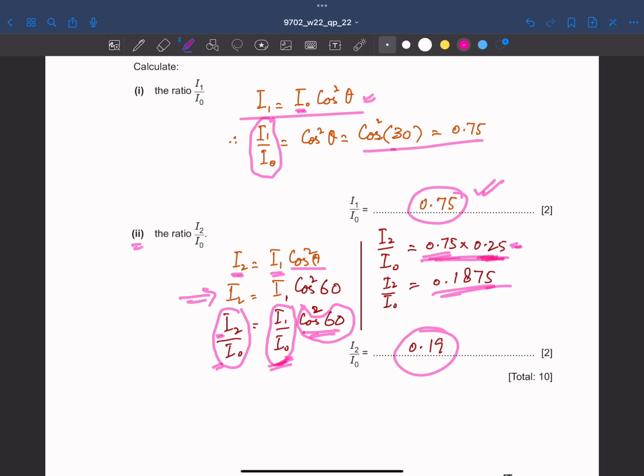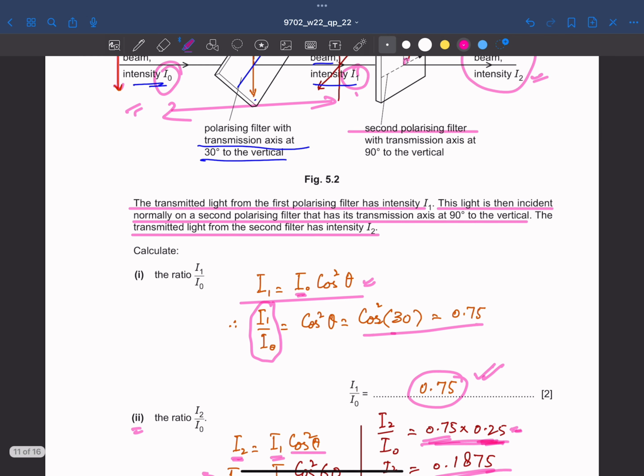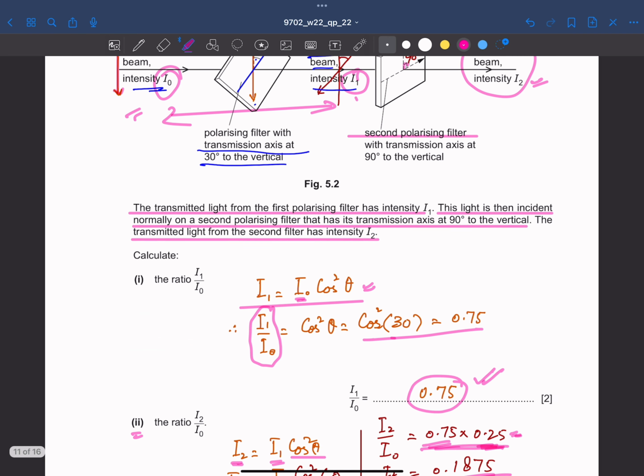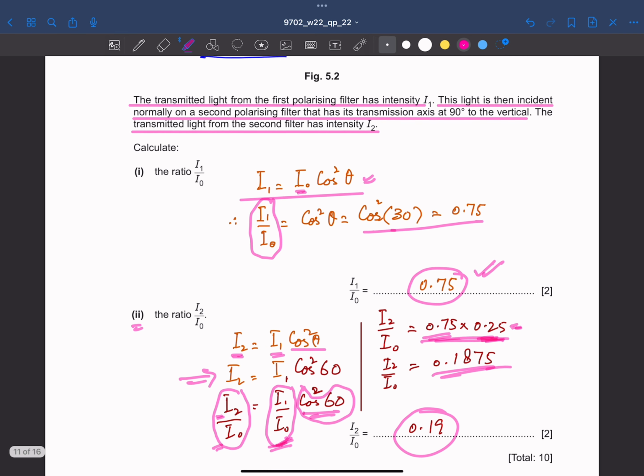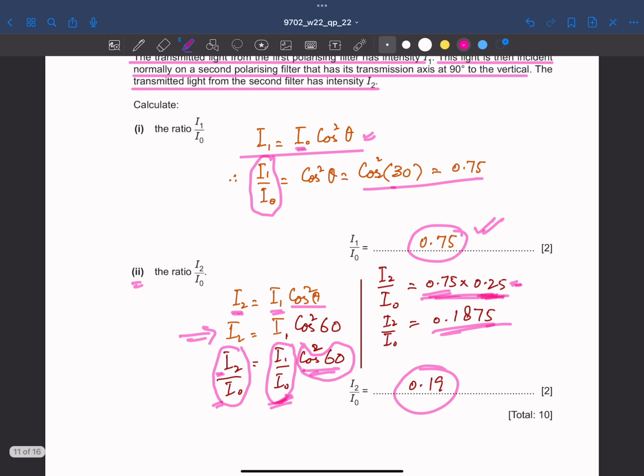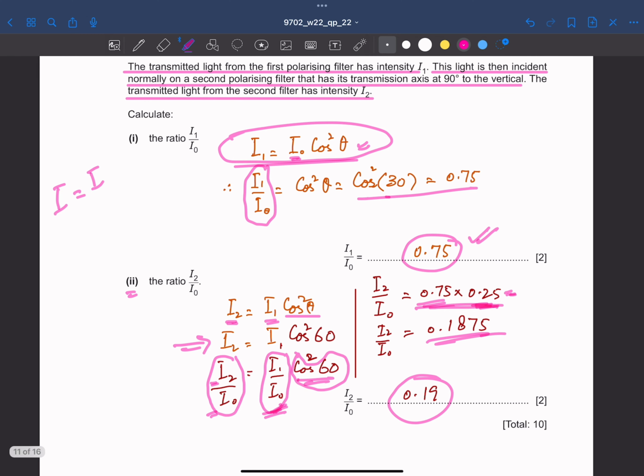So this is very important, and this is actually a new topic included in the syllabus. Of course you need the details of this topic as theory as well, but at least you should know that for the transmission situation, the equation is I equals I naught cos square theta.